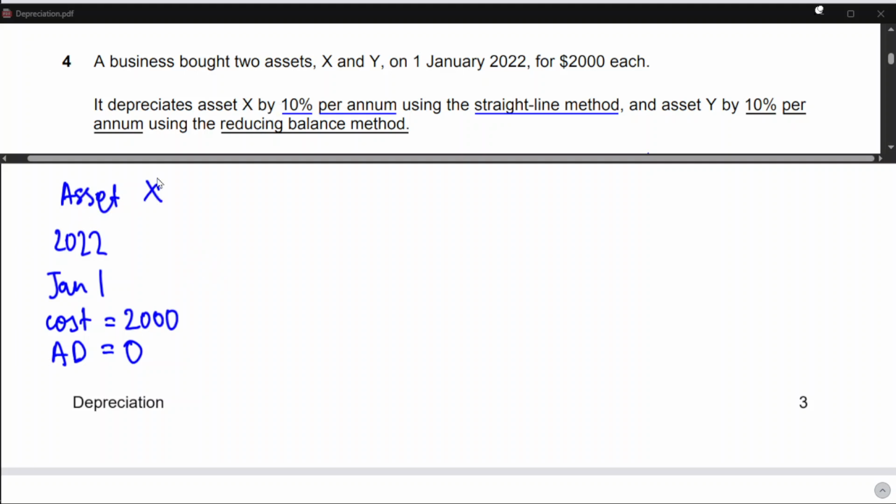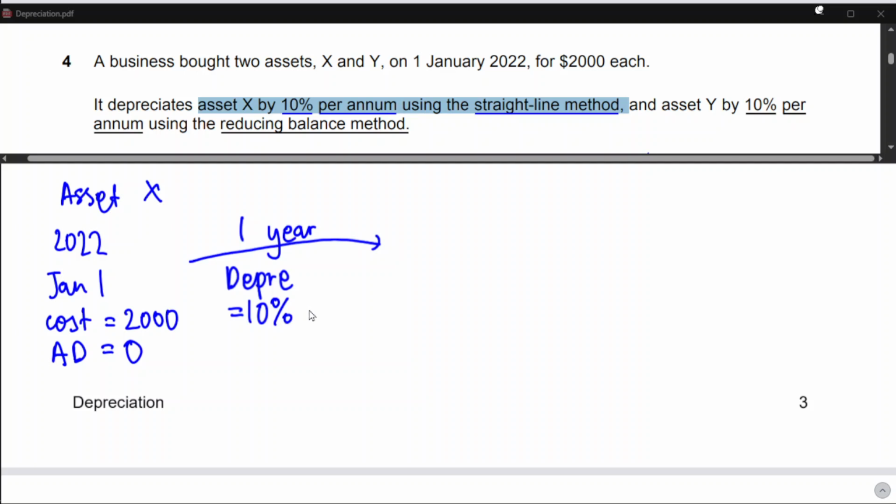Then you see the asset X want us to per annum. So after 1 year, then the depreciation will equal to 10% straight line. So 10% times the cost.